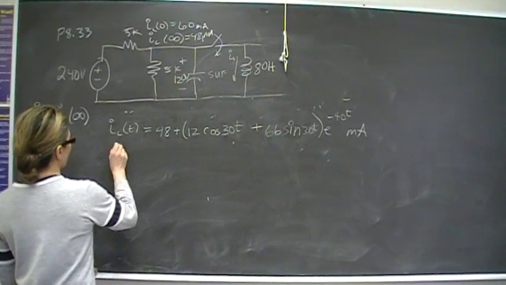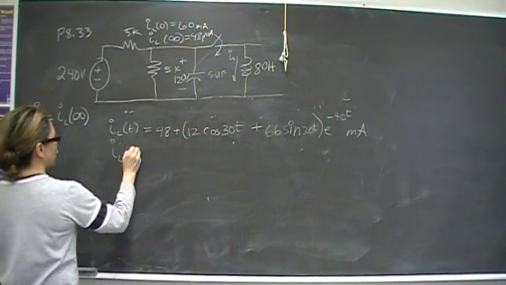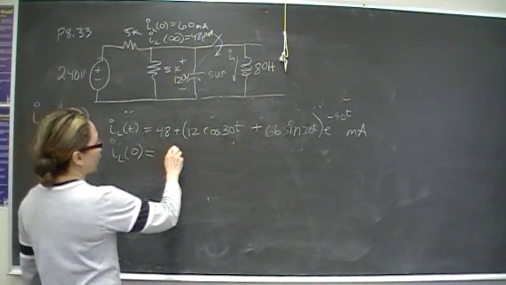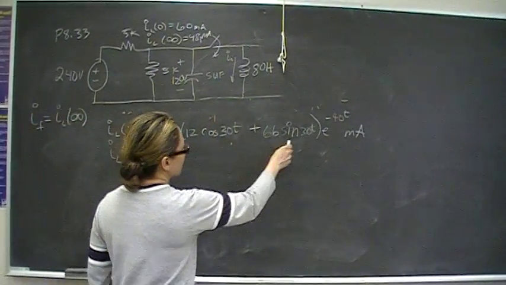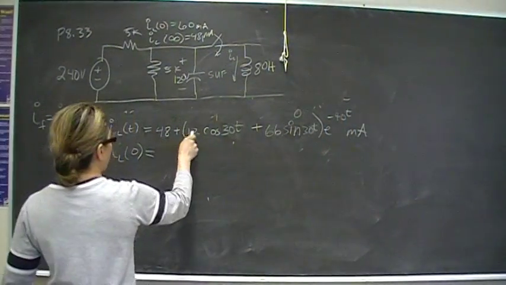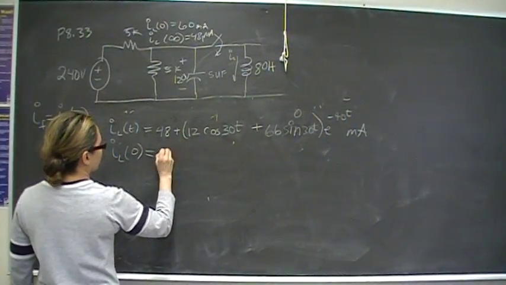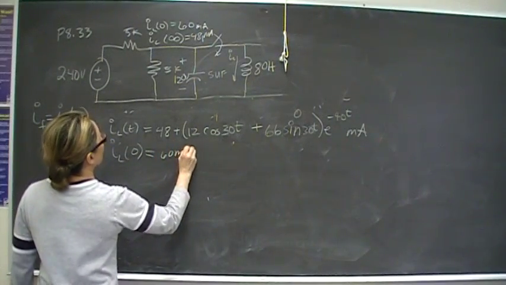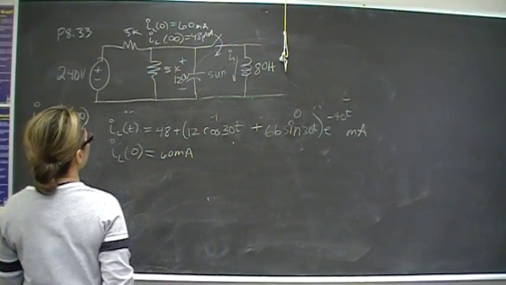If you're on a test, you may want to take a second just to make sure that this equation makes sense, by checking the initial and final conditions. At time 0, cosine is 1, sine is 0, and the exponential is 1. So we have 48 plus 12, and that gives us 60 milliamps, which agrees with what we said it should give us.